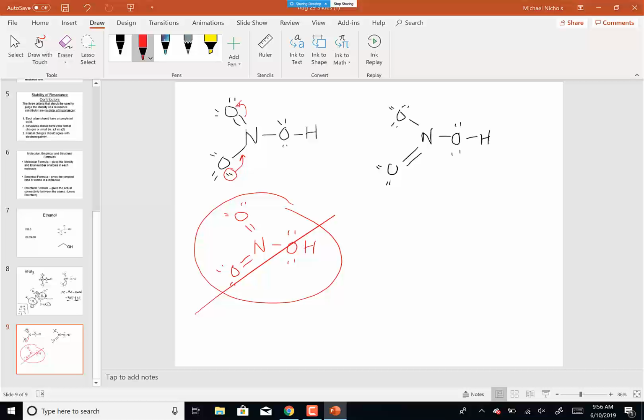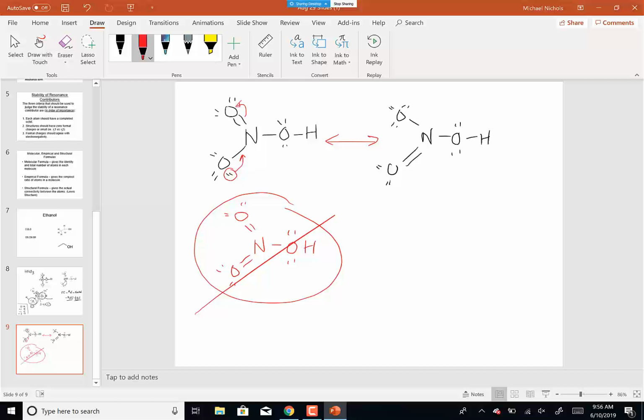And those two structures are called resonance structures. And what goes between resonance structures is a double-headed single arrow. So those are our two resonance structures.